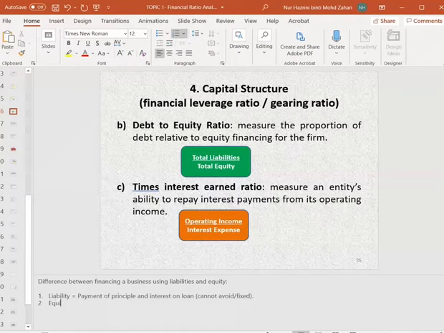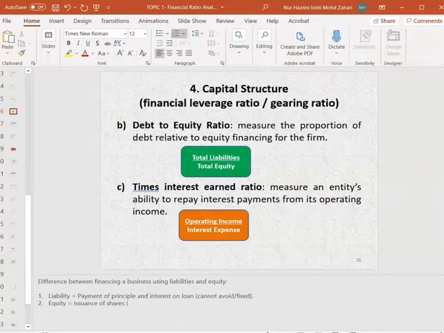Next, financing by equity, which is issuance of shares. When you issue shares, you have the obligation to pay dividends to your shareholders, but that obligation is not fixed. So you can avoid it. The obligation to pay the dividend depends on whether you make profit or not.